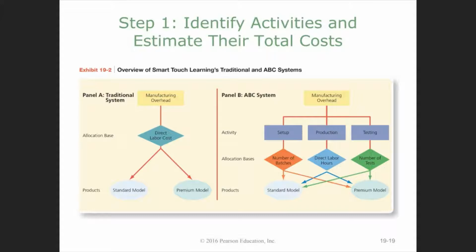In the ABC system, we've got our manufacturing overhead, but we see here it's split into 3 different sections: activity setup, activity production, and activity testing.